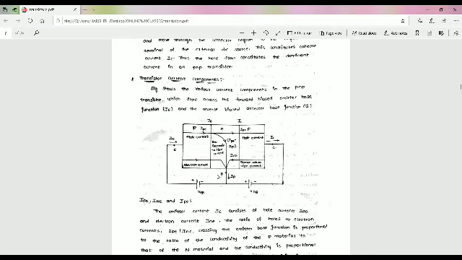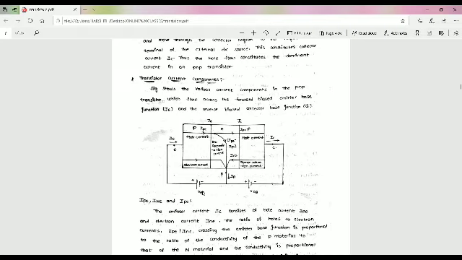The ratio of hole to electron currents, that means IPE by INE crossing the emitter base junction, is proportional to the ratio of conductivity of the P material, resistivity opposite is conductivity, to that of the N material, and the conductivity is proportional to the doping level. High doping, high conductivity. Low doping means low conductivity.